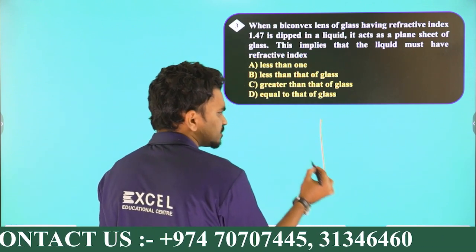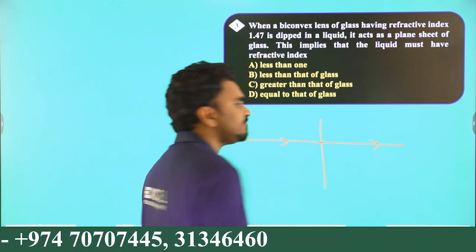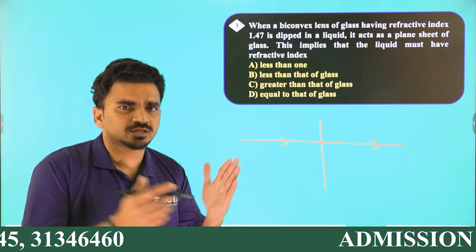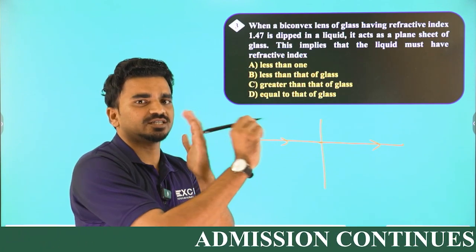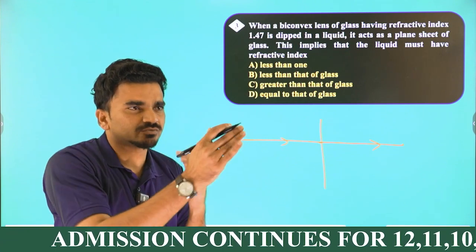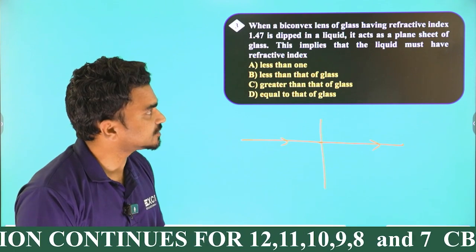Plane sheet means if light is striking a plane sheet, the light goes undeviated. Then we will call that an act like a plane sheet. There is no refraction. When light strikes, it will be refracted in the same line. It won't bend, which means the refracted ray won't bend. That's what we call the plane sheet.